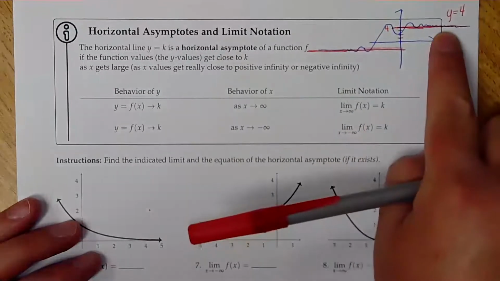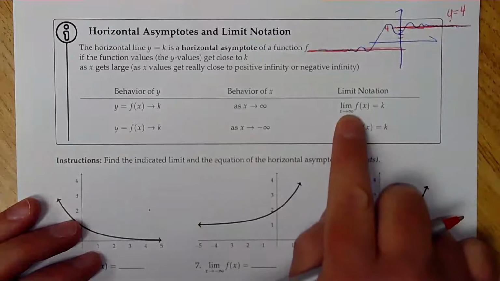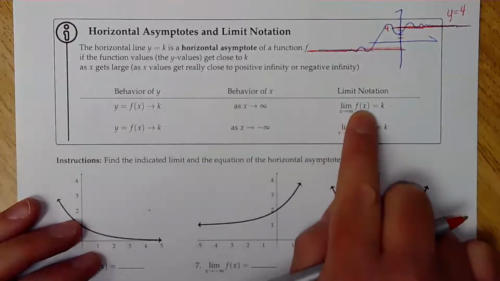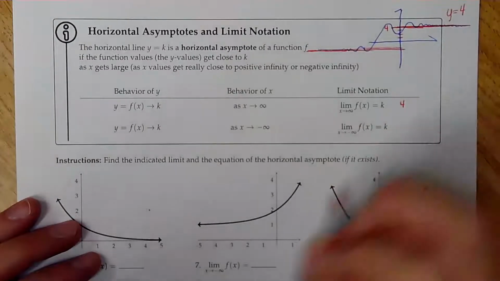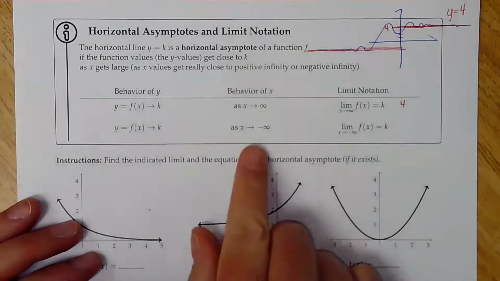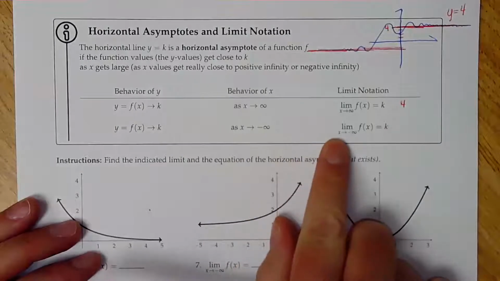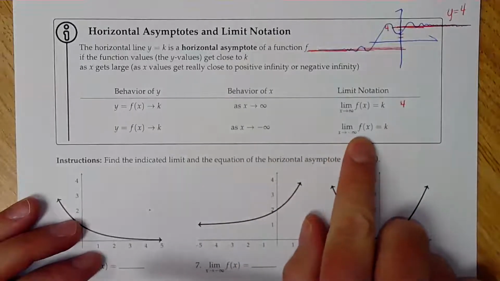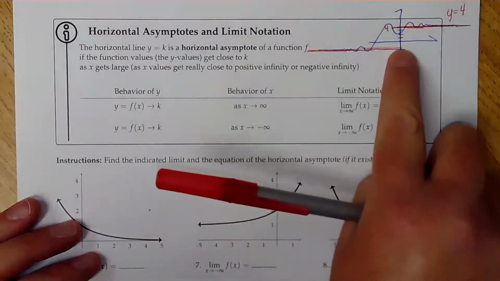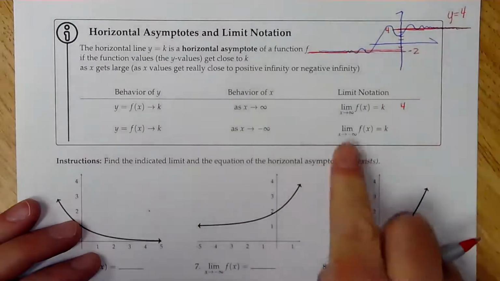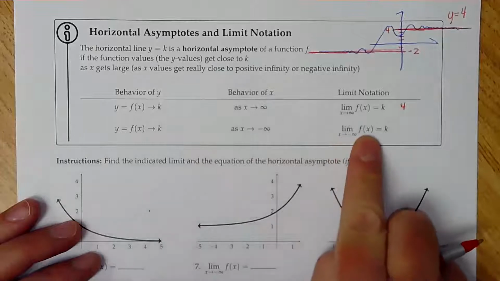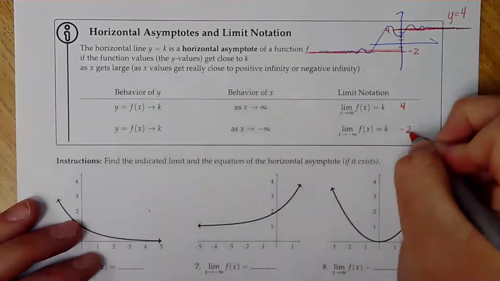So here, if this is my f of x, as x goes to positive infinity, f of x is equal to 4. Similarly, we can do this as x goes to negative infinity. So the limit as x goes to negative infinity of f of x, in this case, looks like it's probably about negative 2.